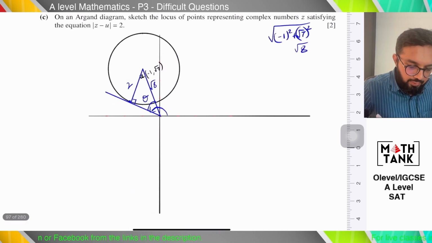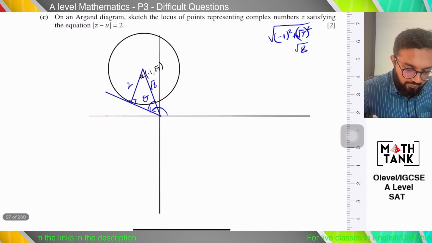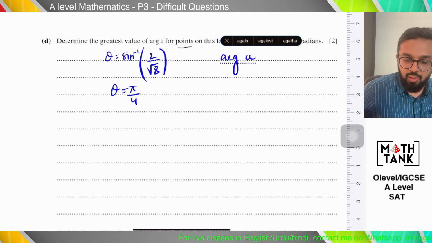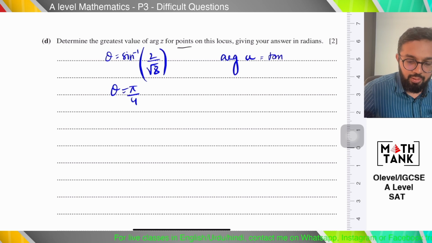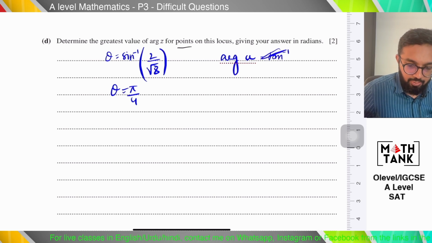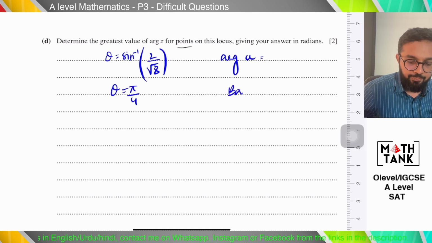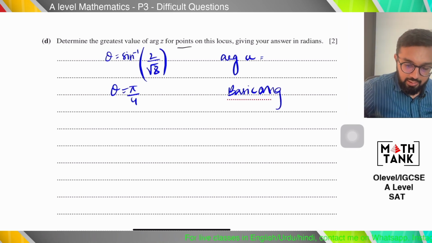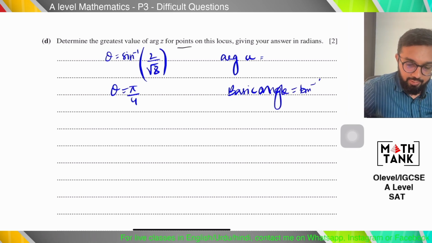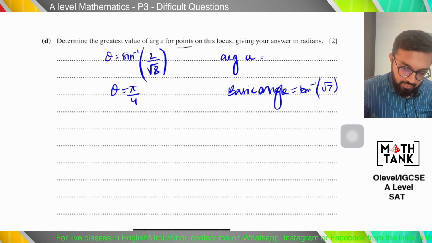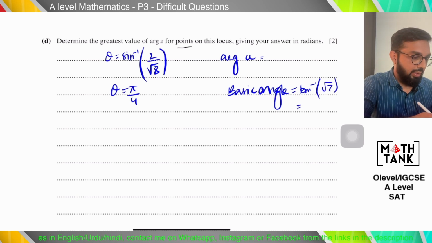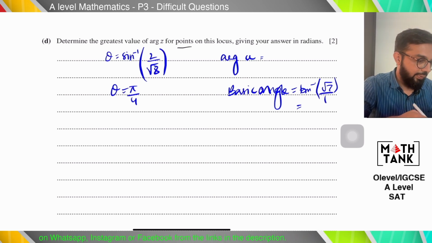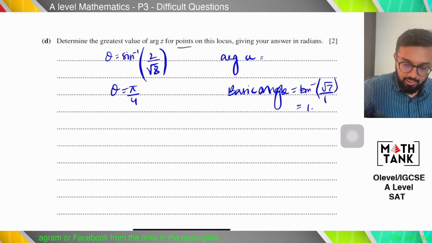Okay, then for the center itself, I can find the argument of u, and I can say that that's tan inverse of, first I'm going to find its basic angle. So basic angle is tan inverse of root 7 over 1 basically. So that gives me 1.209.